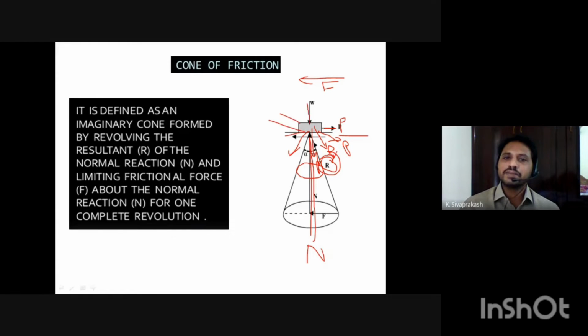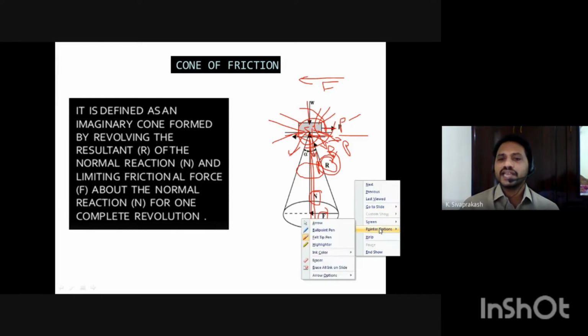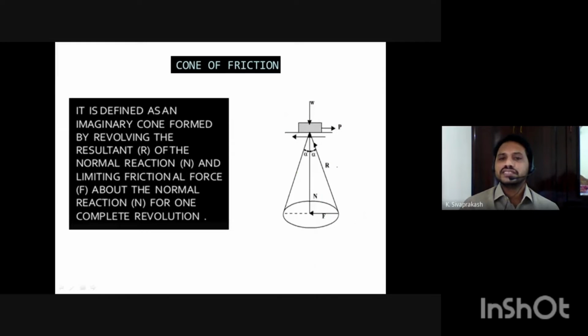When the body is subjected to force towards 360 degrees, the external force always opposes the friction. And if you take that frictional force and the normal reaction force, one resultant will be there. If you gather all the resultants, you will get a cone shape.